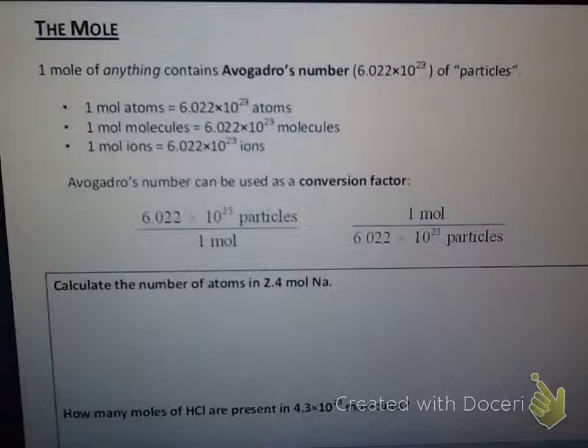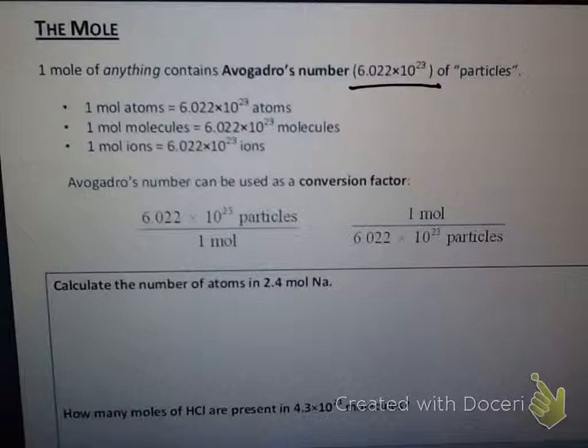What are some small things that we can count using the mole? Basically, you can count anything by a mole. But because a mole is such a large number, 6.022 times 10 to the 23rd, we only usually reserve it for things that are very, very small, or things that we have very many of.